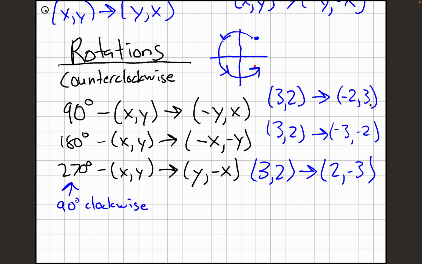So it's going to land right here. So if this was 2, 3, with counterclockwise, when we get to this position right here, it's going to become 3, negative 2. You'll see some images and we'll do some examples, okay? Okay, good. I'm glad you understand.